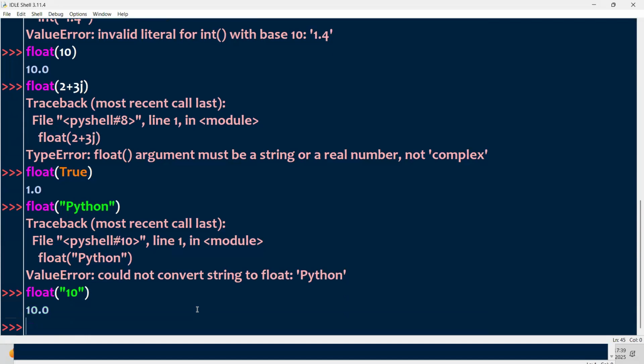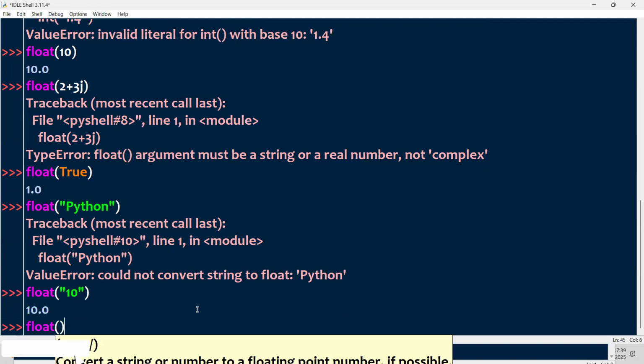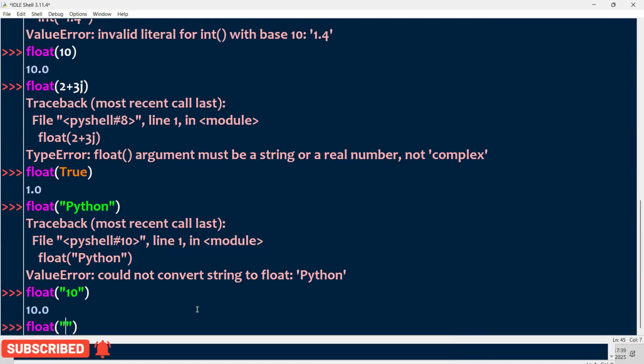Okay. Yes, it is possible. We can convert the what? String of integer. String of integer we can convert into float. Now, can you guess? Can you guess? Yes, online guys.